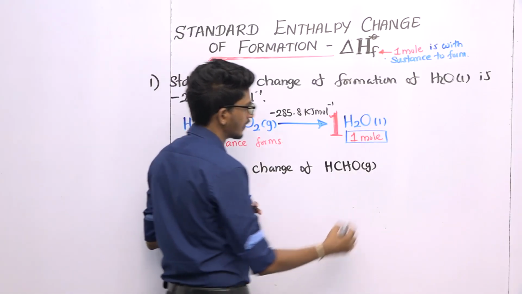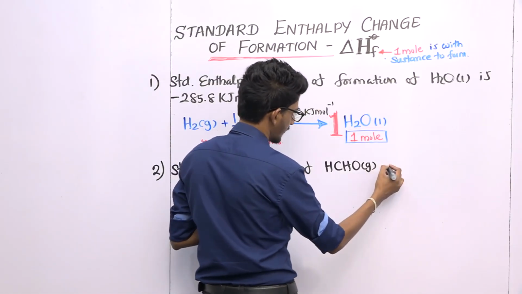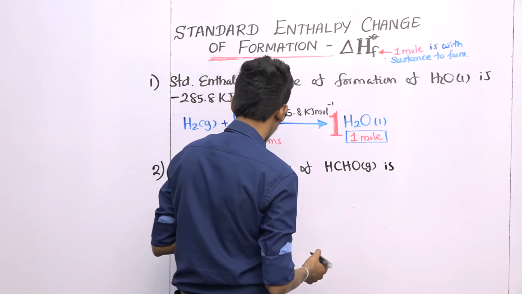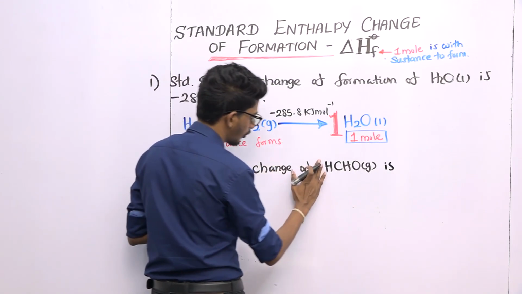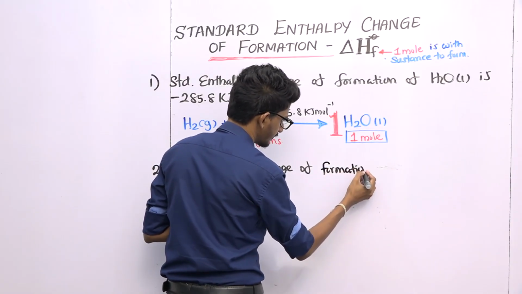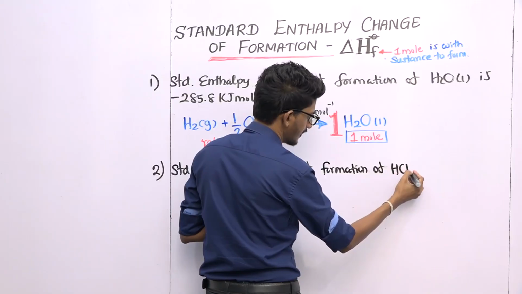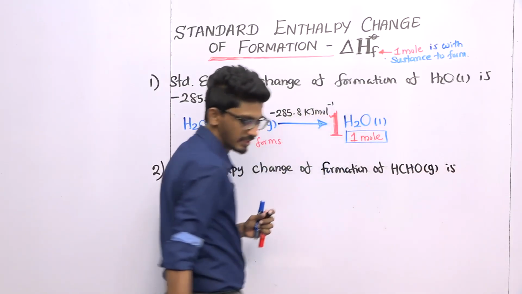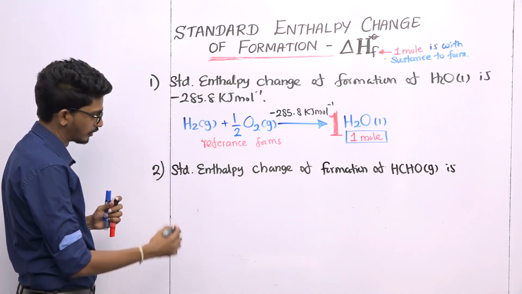The standard enthalpy change of formation of HCHO gas is given as -108.